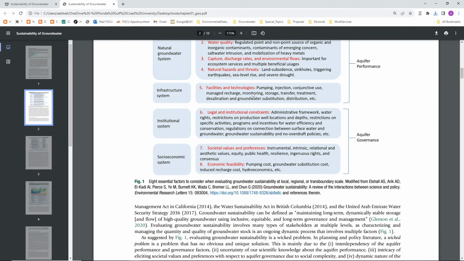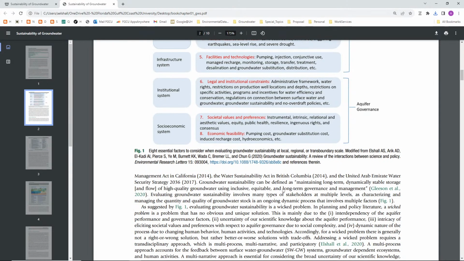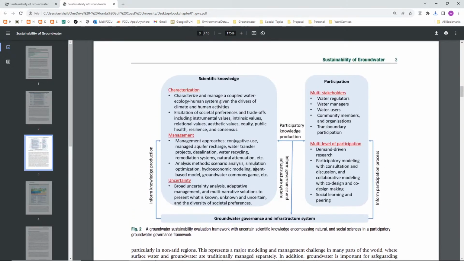You see here, for example, this is one story I'm telling. I'm showing that the aquifer has an aquifer performance factor and an aquifer governance factor. If you look at this figure, you will know the essential factors to consider when evaluating groundwater sustainability: not only the aquifer performance, but also the aquifer governance. Here is another story that I am telling: how can you do the actual evaluation of groundwater sustainability.